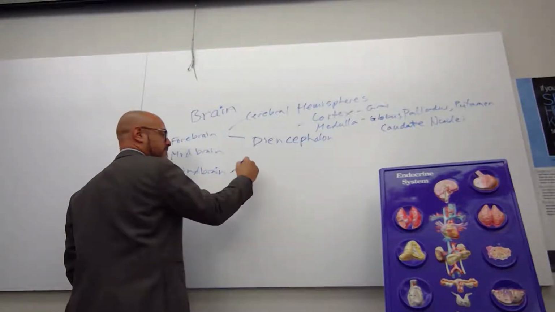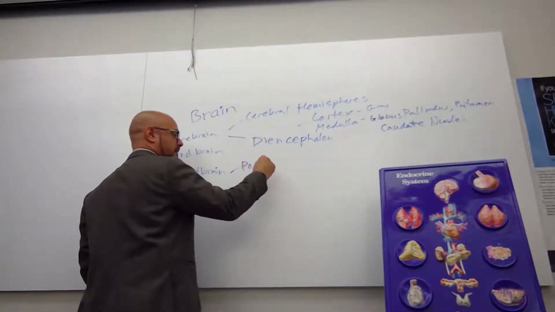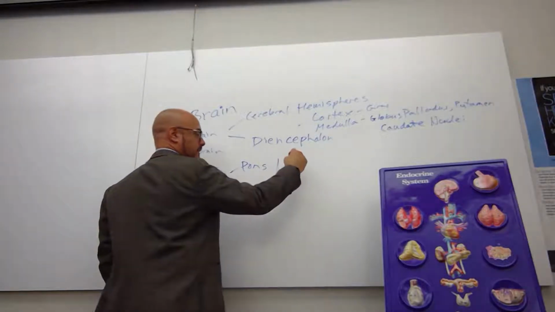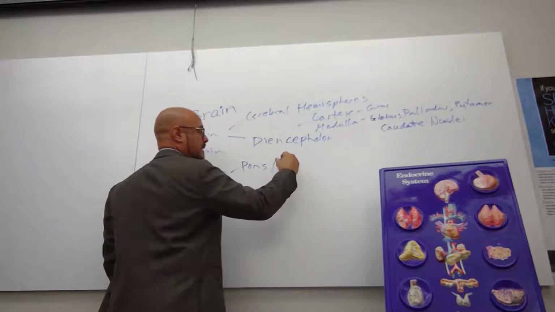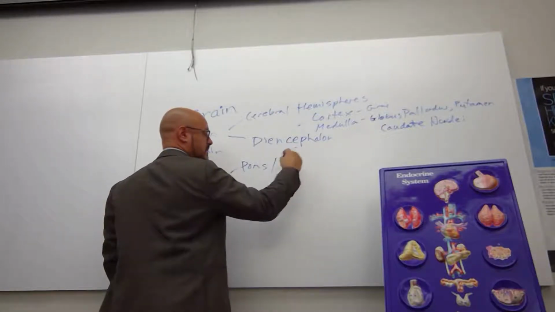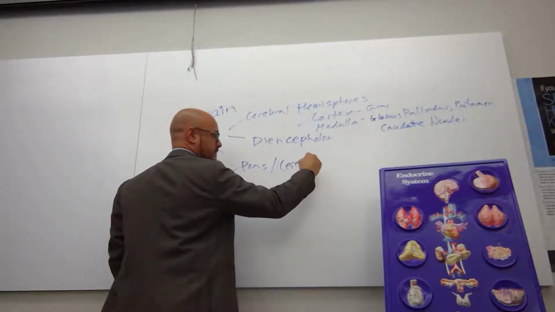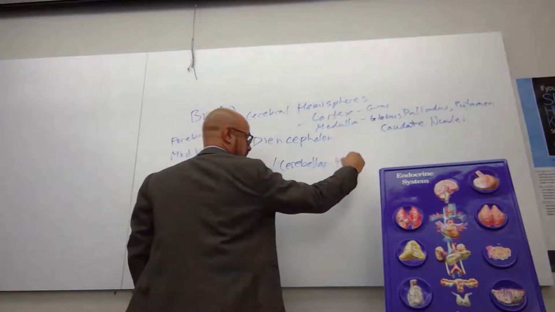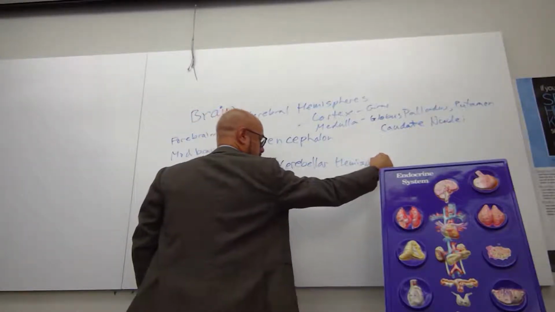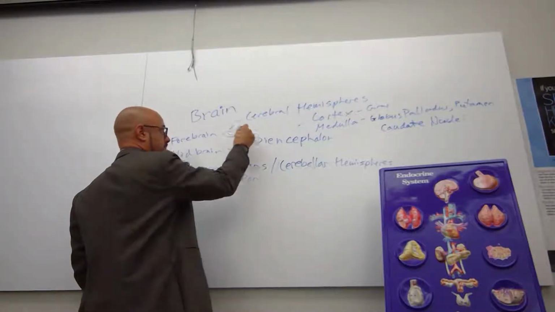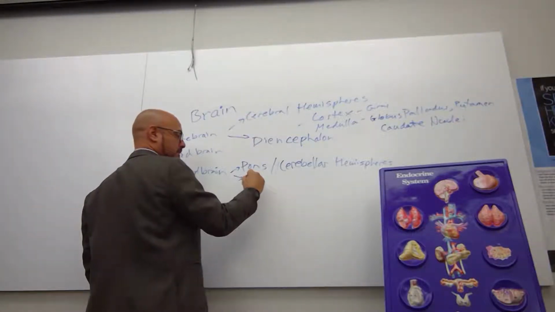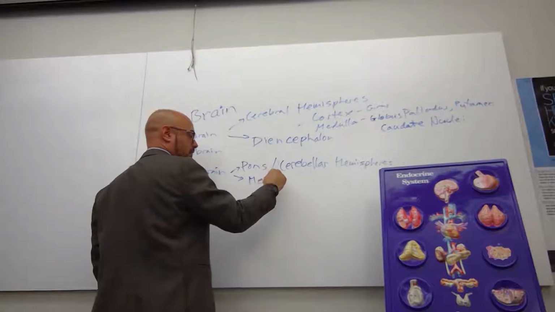Hindbrain becomes the pons anteriorly and the cerebellar hemispheres posteriorly. And then also sections off to be the medulla oblongata.